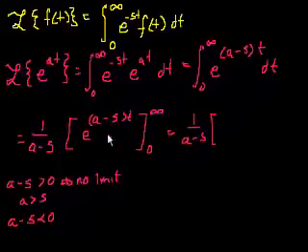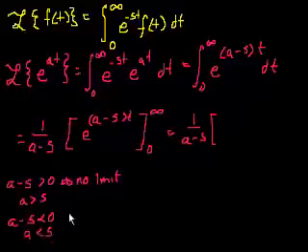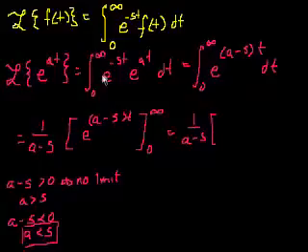So anyway, if I assume that a minus s is less than 0, or a is less than s, and this is the assumption I will make, just so that this improper integral actually converges to something. So if a minus s is less than 0, then this is a negative number.